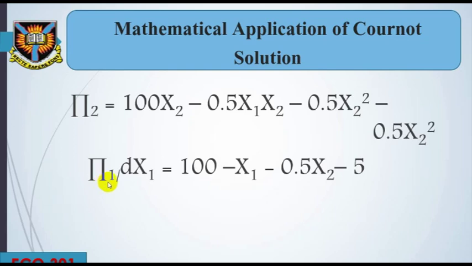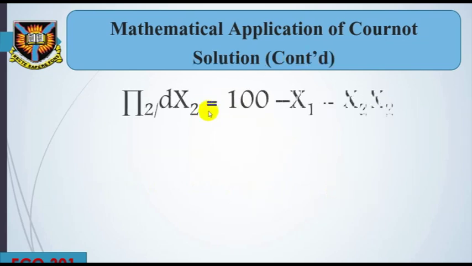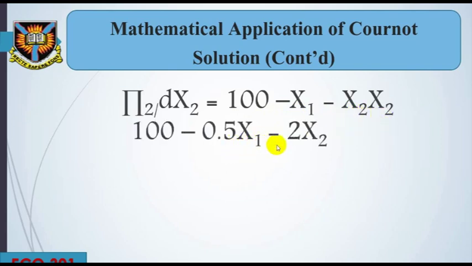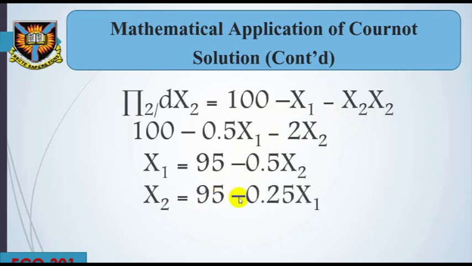The derivative of profit 1 with respect to x1 is equal to 100 minus x1 minus 0.5x2 minus 5, which is equal to 95 minus x1 minus 0.5x2. The derivative of profit 2 with respect to x2 is equal to 100 minus 0.5x1 minus 2x2. So x1 is equal to 95 minus 0.5x2, and x2 is equal to 50 minus 0.25x1.